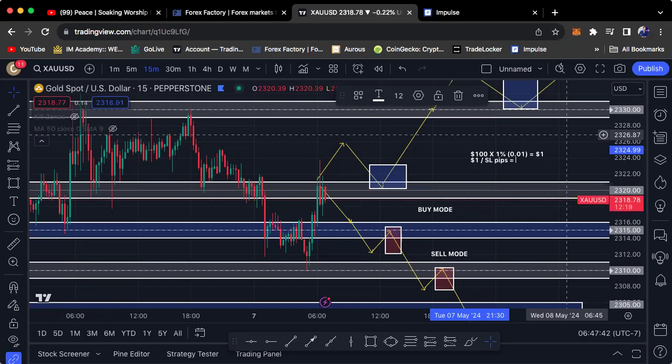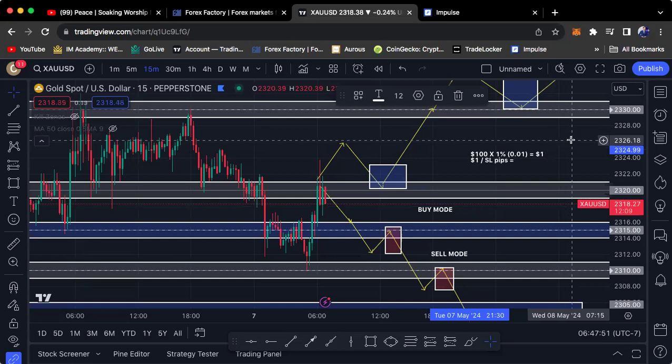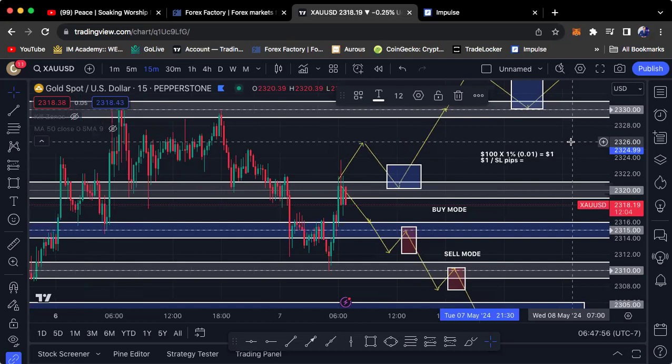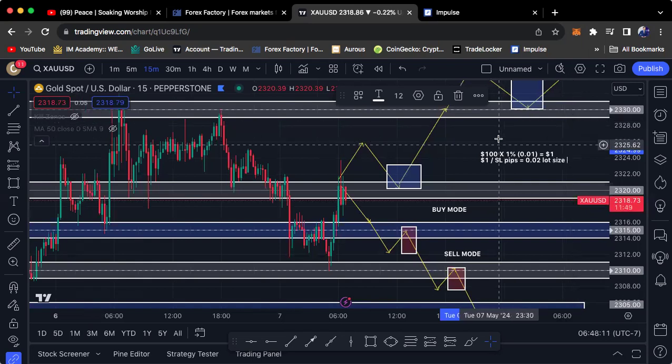With gold, you can risk anywhere between 30 to 50 pips, but I choose 50 pips. So 1 divided by 50, that's 0.02. And that will be your lot size for a $100 account. The same way I do this, you can do it with any account balance.